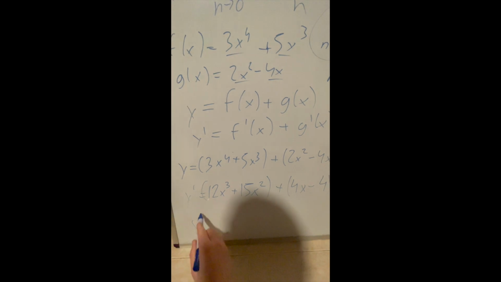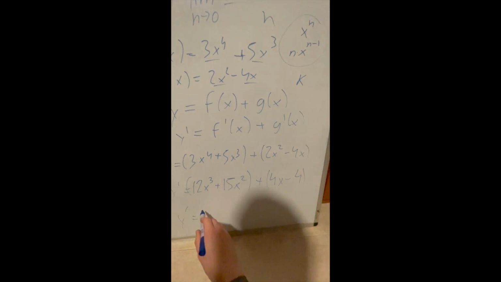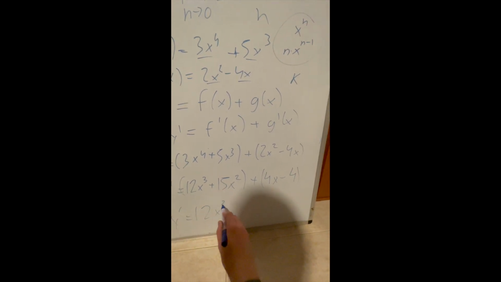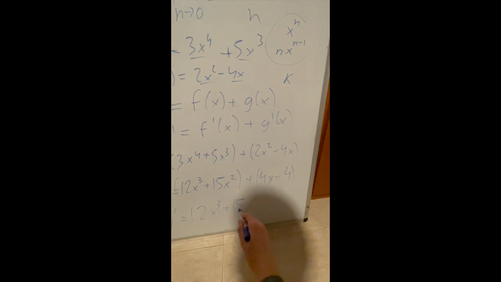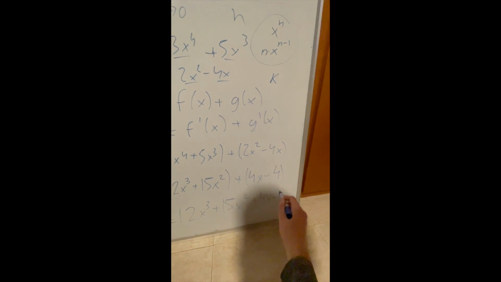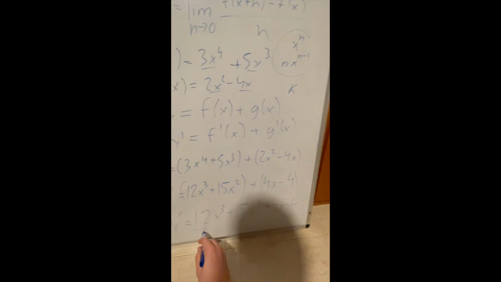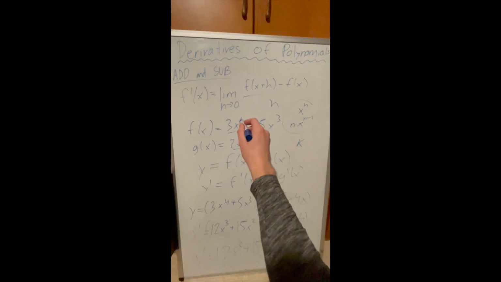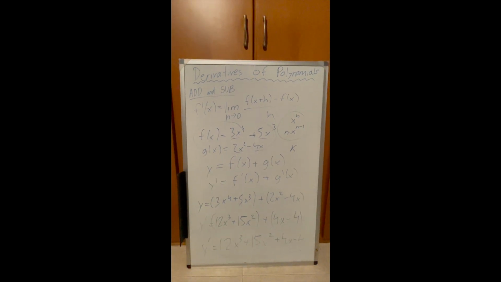So, our final function is simply 12x to the power of 3 plus 15x to the power of 2 plus 4x minus 4. This is our derivative of adding these two functions.